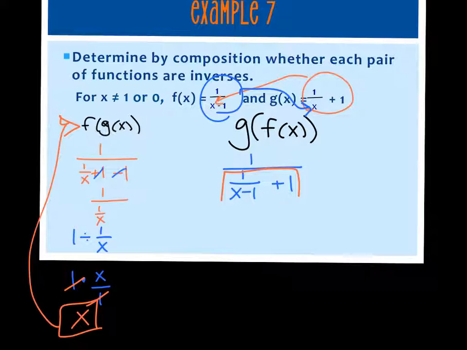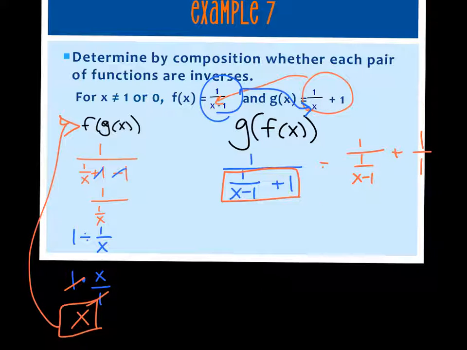How do I combine these two? What would be the like denominator? You'll still have a fraction within a fraction, though. You can do it that way, that's one way to do it. So you're saying 1 over x minus 1 plus 1 over 1. You'll still have a fraction within a fraction, which you can do keep, change, flip.